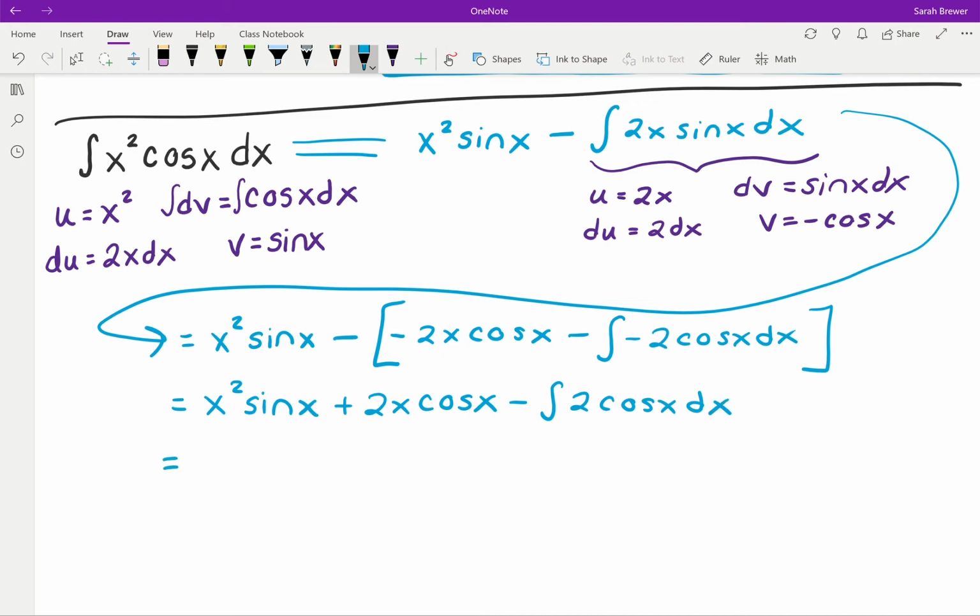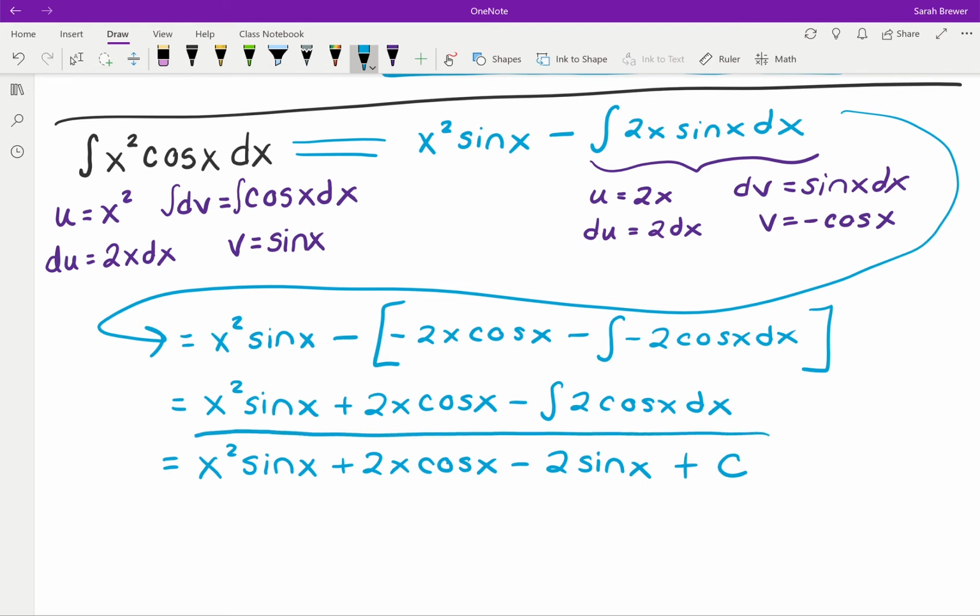And now that's simple, and so we have x squared sine x plus 2x cosine x, and the antiderivative of cosine is positive sine, so minus 2 sine x, and finally we're going to add our plus C. So that's a pretty simple example.